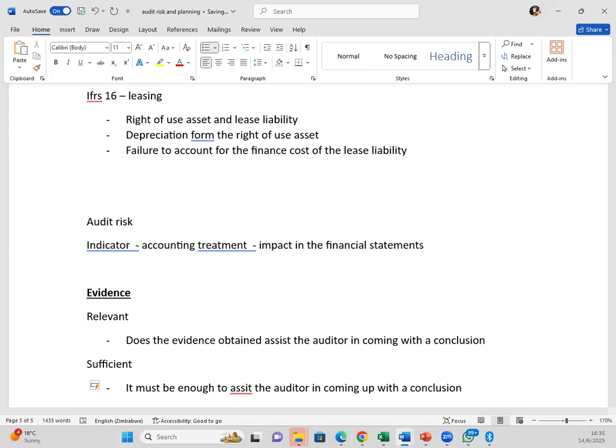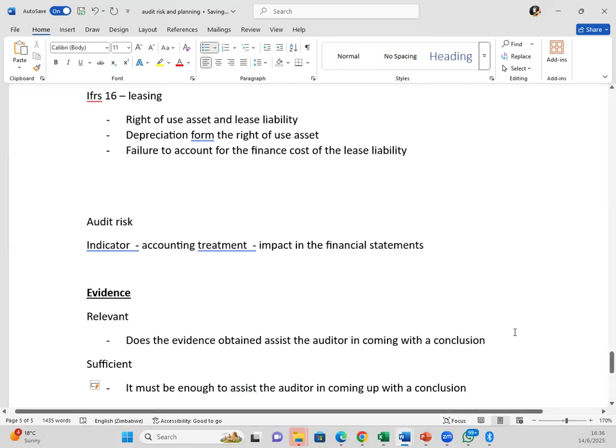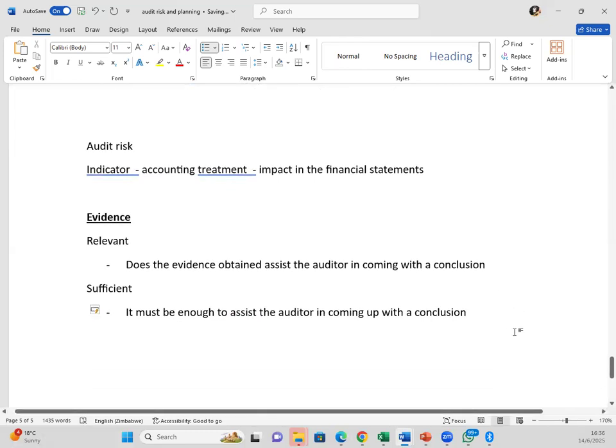If the audit evidence is sufficient, it's enough to assist the auditor in coming up with the right conclusion.